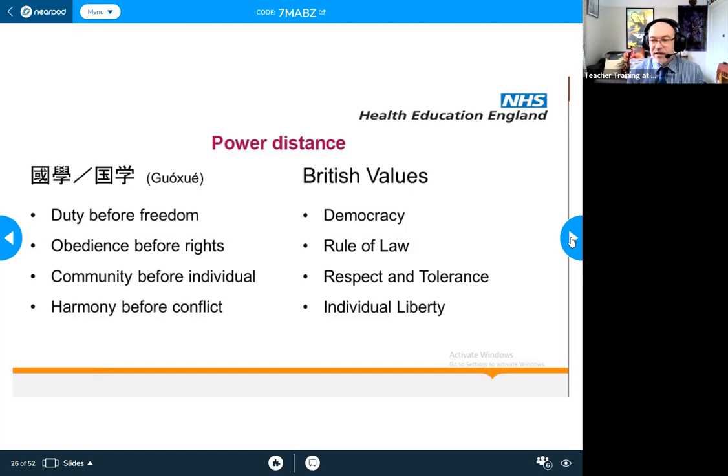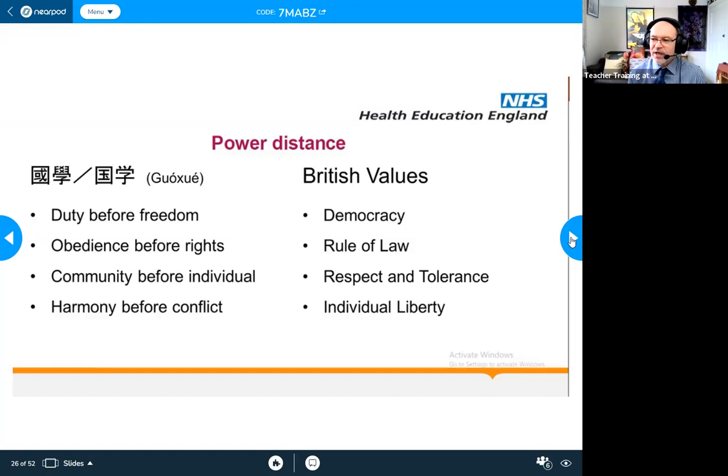Whereas if we compare that with China, there is Zhuangzi, which is national learning. It's something that all children are taught in every year of their education. It's the four principles, the four values of Chinese culture.